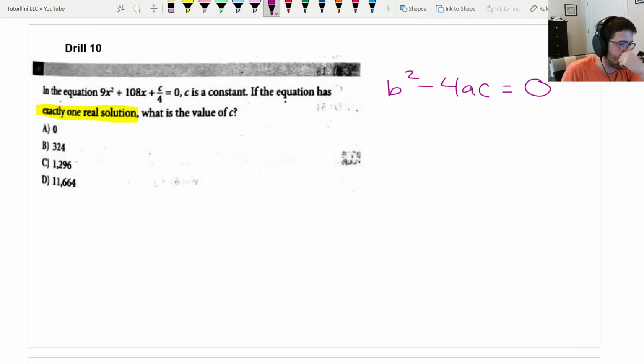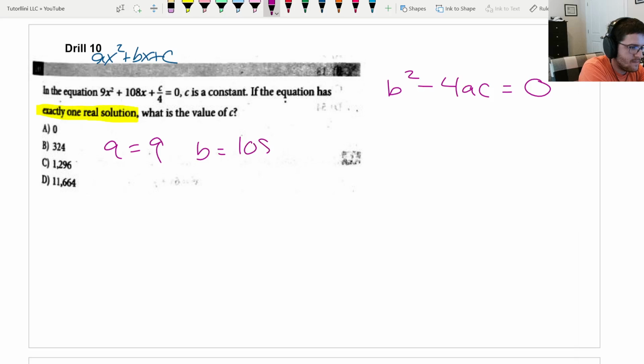Okay, so if I write ax squared plus bx plus c, a is 9, b is 108, and c, which I will put in air quotes because it is a little different, is this entire thing here.